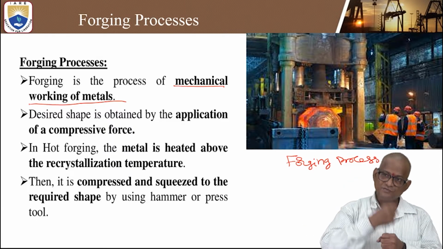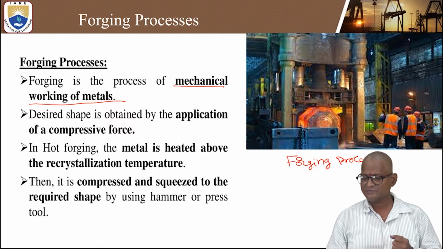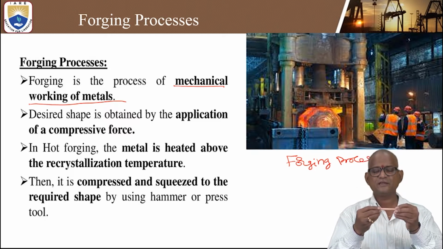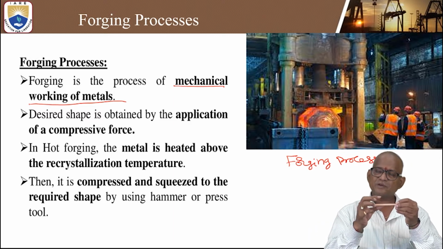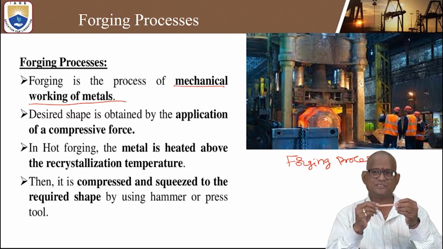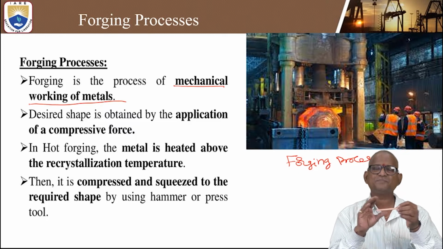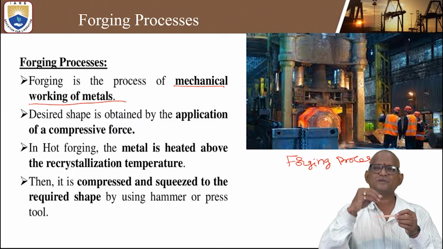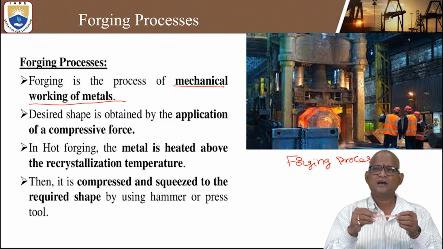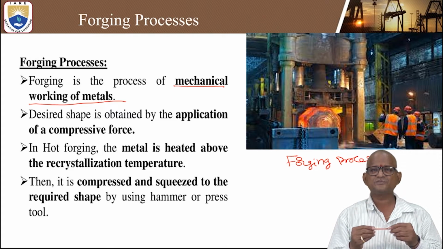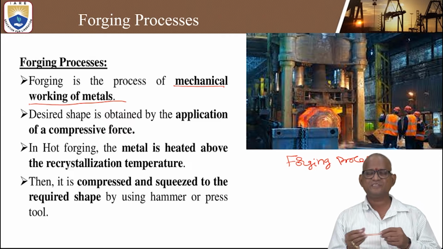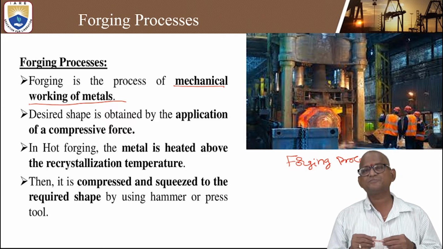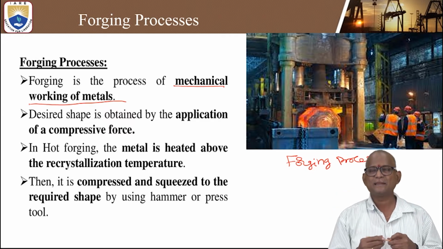For example, if you take a pen and apply some force, the circle will become an elliptical shape. The shape can be changed with the application of pressure, using presses.